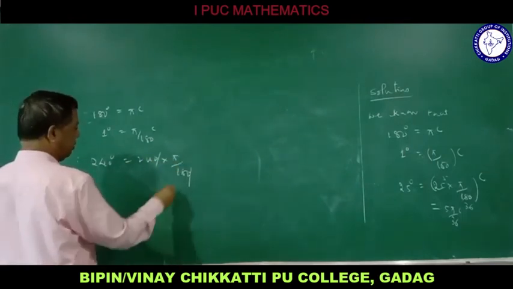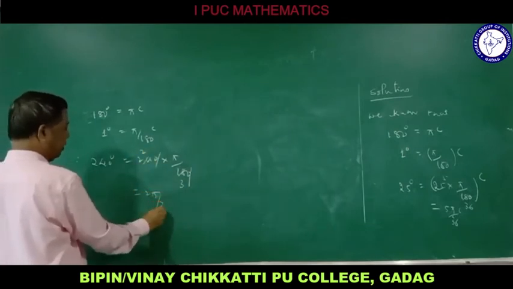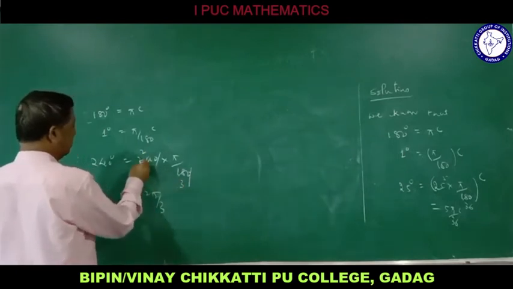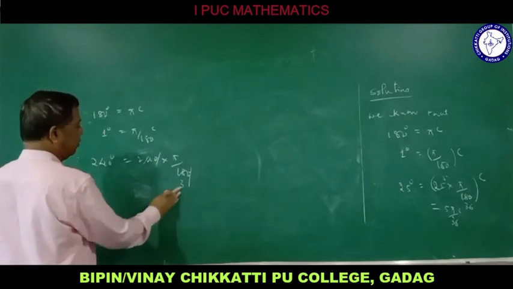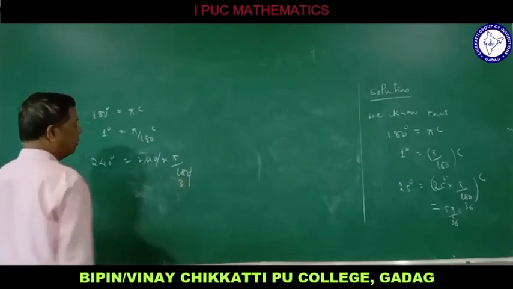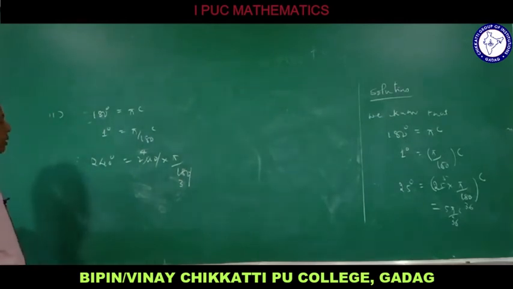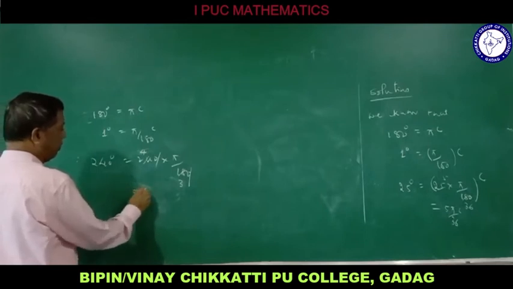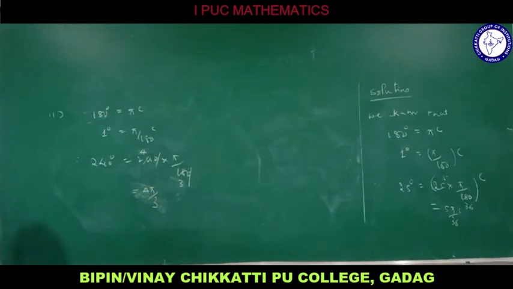So here you see that 6 3s are 18, 6 4s are 24. So 4 pi by 3. 4 pi by 3 radian. And here you understood how you have got 4 pi by 3.